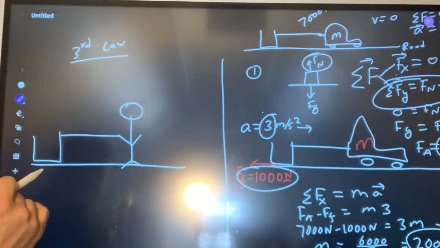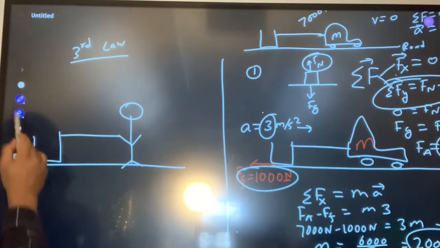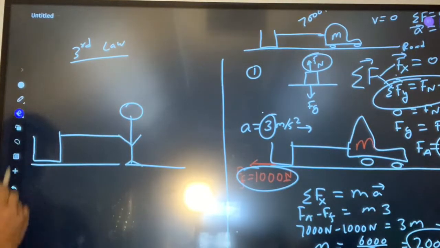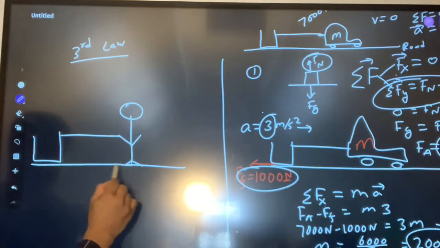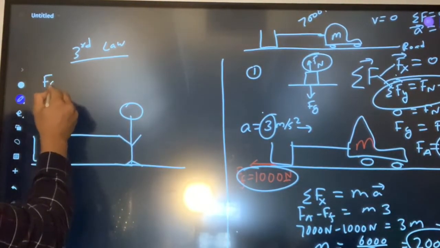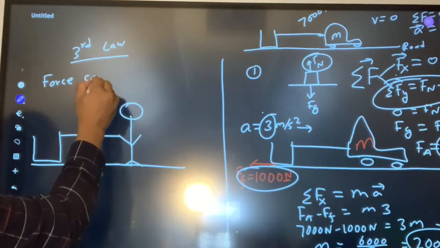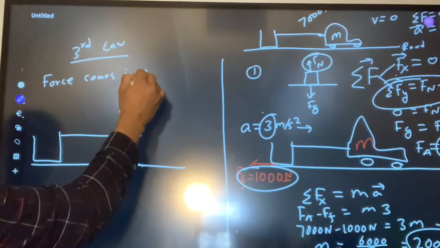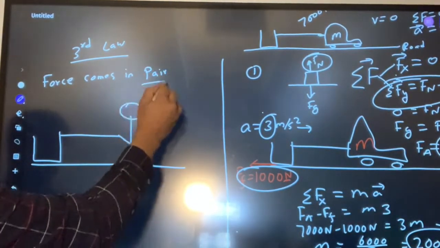All right, now you saw the video. The video should motivate you, you are probably asking a question like the driver. Newton's third law said force comes in pairs.